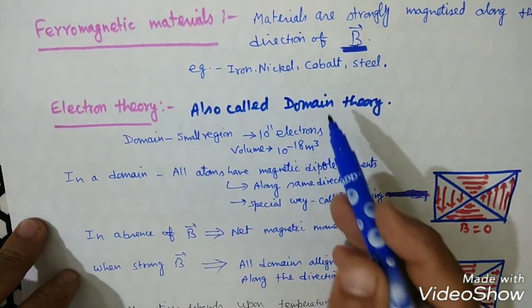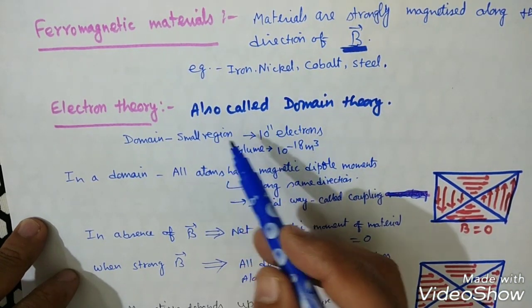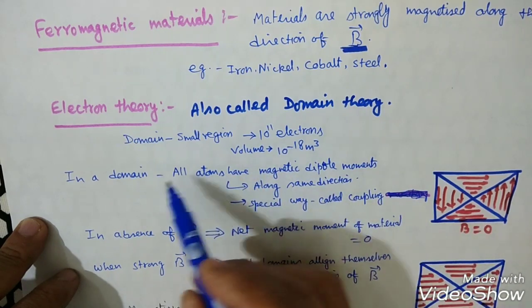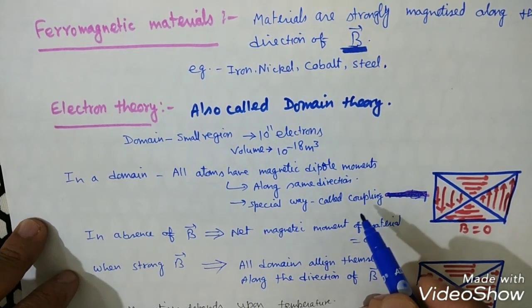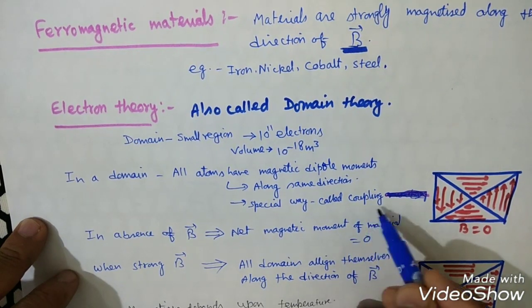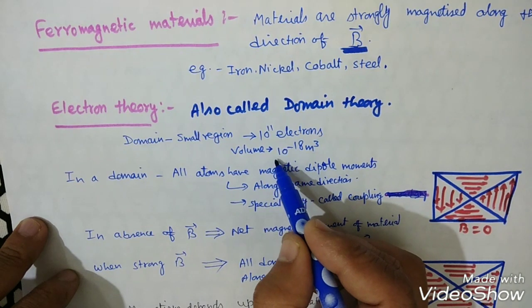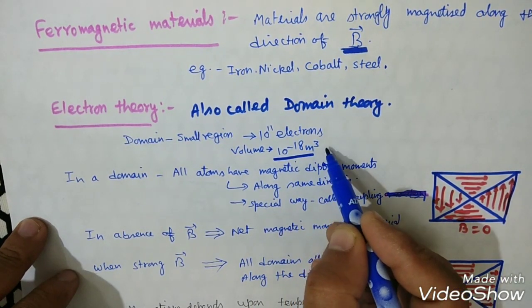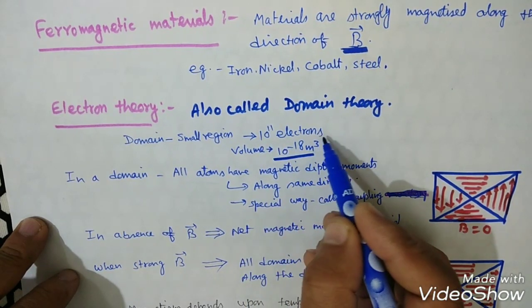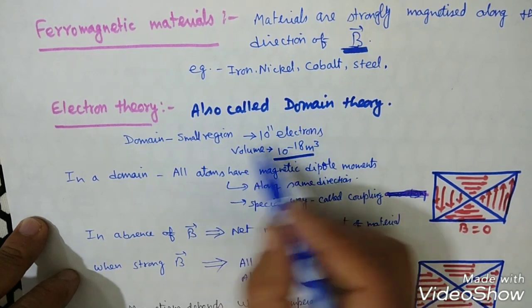In ferromagnetic materials, the individual electrons in atoms are bound by coupling. And what is this coupling? This is also called exchange interaction. In a small region, the volume of that region will be 10 to the power minus 18 meter cube, nearly 10 to the power electrons get aligned along the same direction.